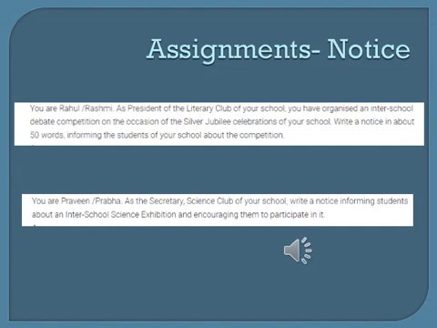You already studied notice writing. Now is the time for you to have a test. So the assignments on notice writing. The first one, you are Rahul or Rashmi. As president of the literary club of your school, you have organized an inter-school debate competition on the occasion of the Silver Jubilee celebrations of your school.